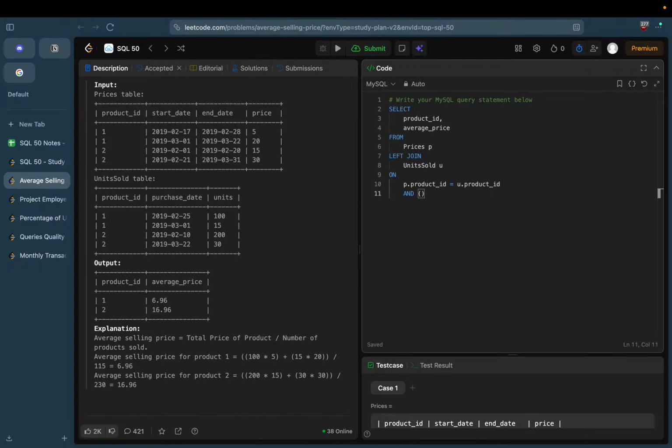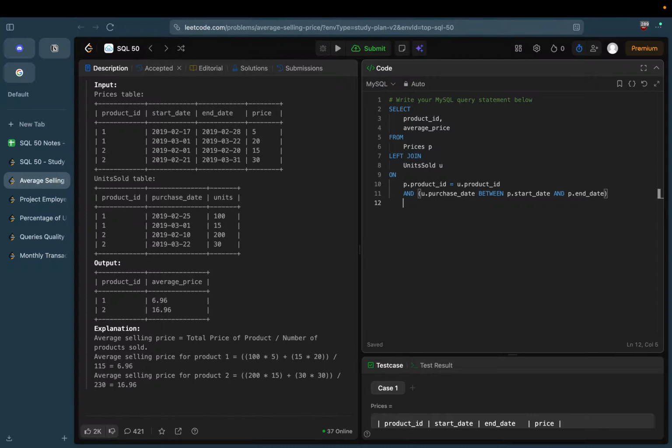So I can write it like this: u dot unit sold between p dot start date and p dot end date. So this will help us identify which purchase date to be considered in our calculations.